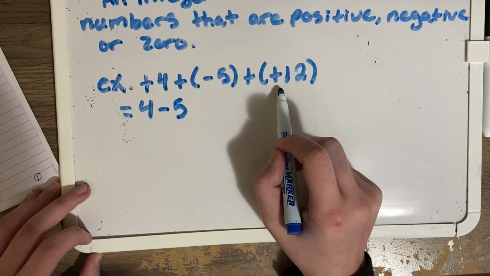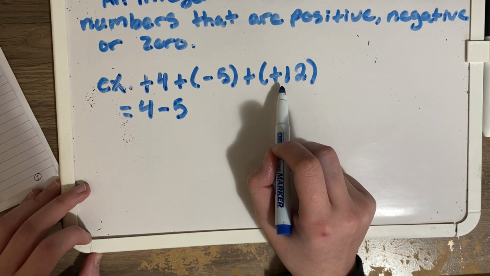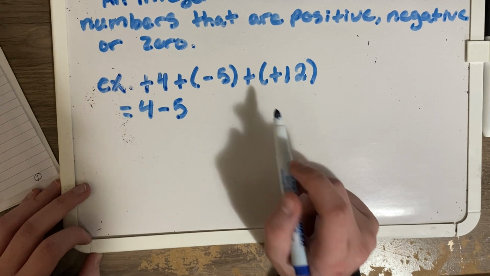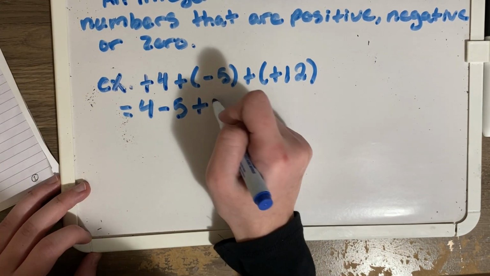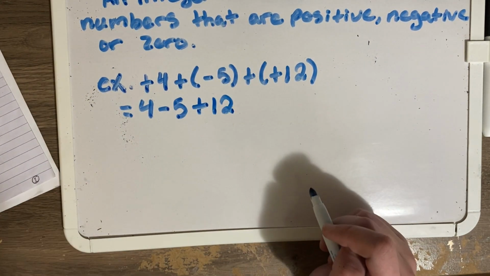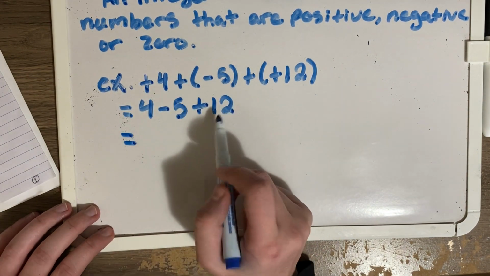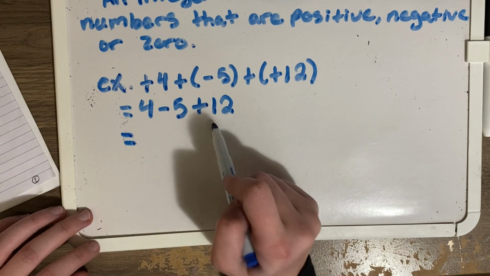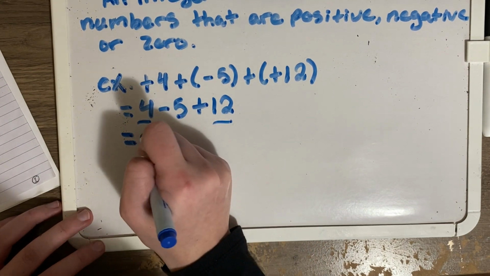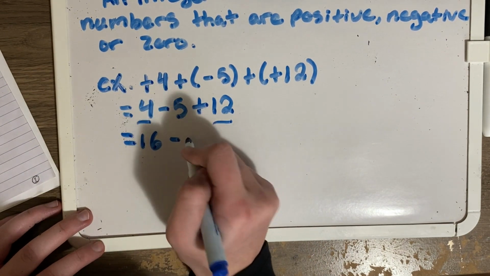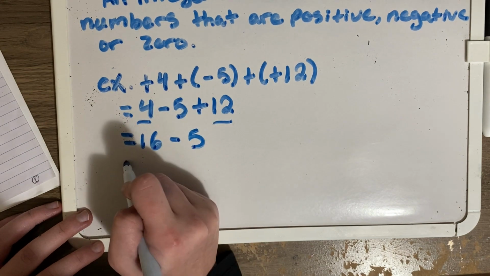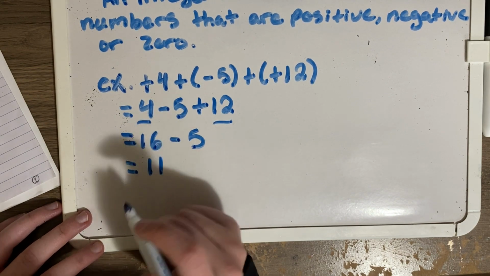And a positive and a positive, positive 1 times positive 12, is going to stay 12. Now we can start combining like terms. 12 plus 4 is going to equal 16, minus 5, which is going to equal 11.